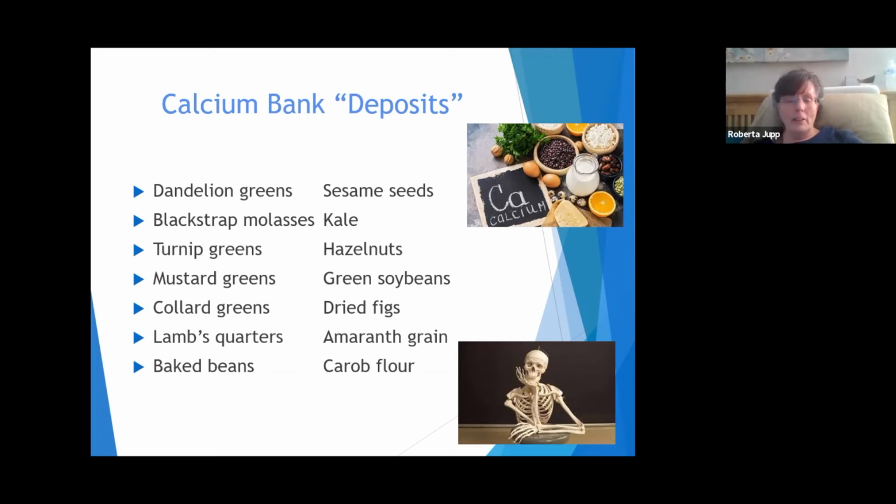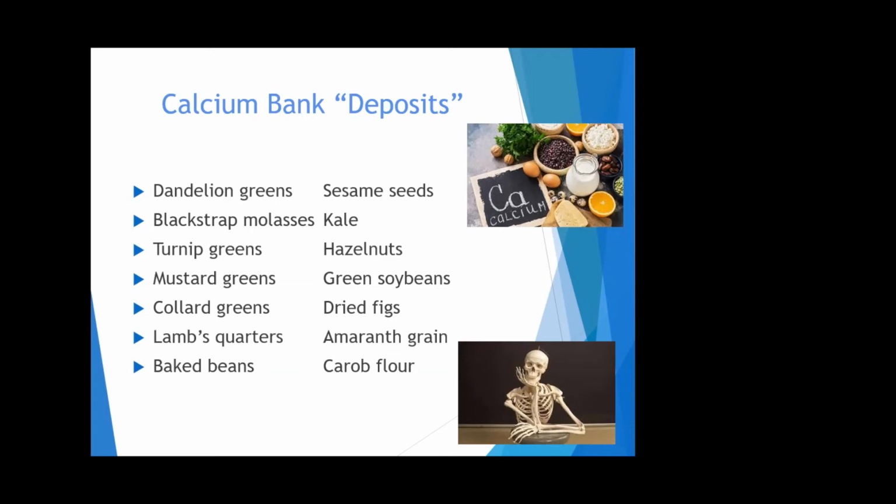I don't know if you've ever eaten it, but a lot of people think that dandelion greens and lamb's quarters are weeds that need to be cut out of the yard and burned. And these are two very, very healthful things that we can have, and they're free. They grow everywhere. And they can actually help our bones to regain. Wait a minute, Roberta.